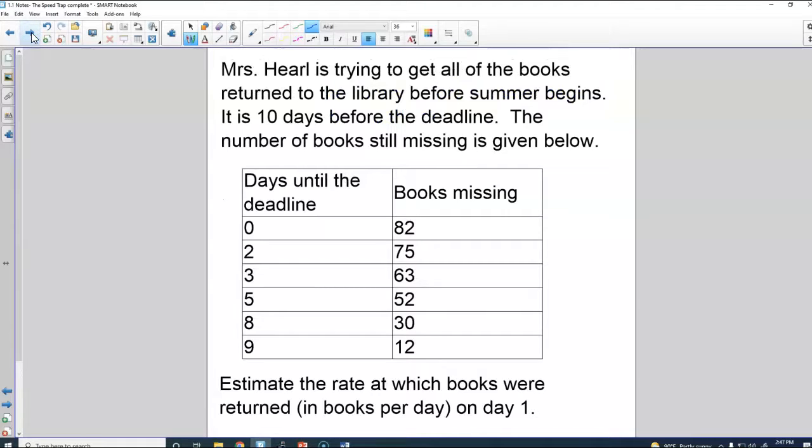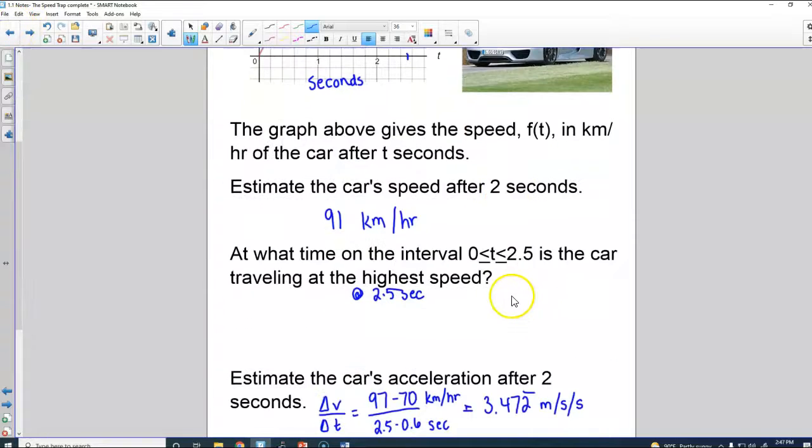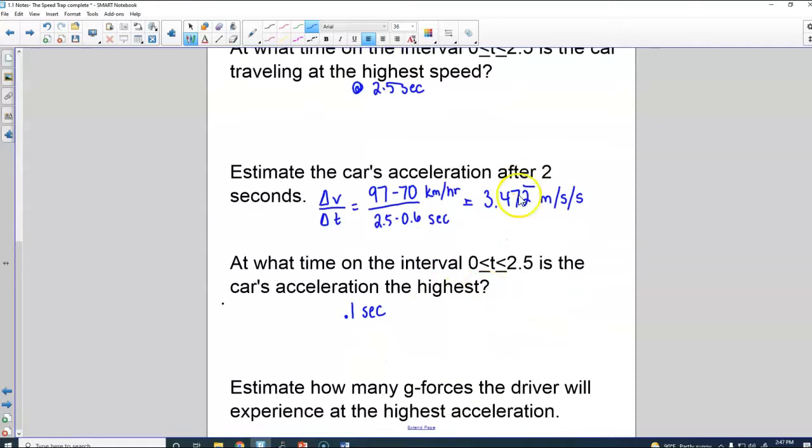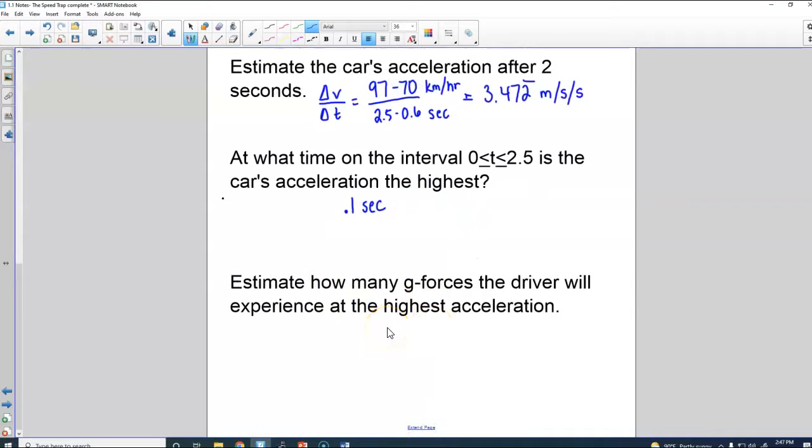Actually, that might have been 11.1. That might have been more than 1G. If we wanted to know the number of G's you're experiencing here, you just divide by 9.81, and that gives you the number of G's. Actually, I think I was looking in the wrong spot. I think that last one would be like 11.1. So if you divide it by 9.81, you're going to be a little over 1G pushing you back into the seat if you're driving this car.